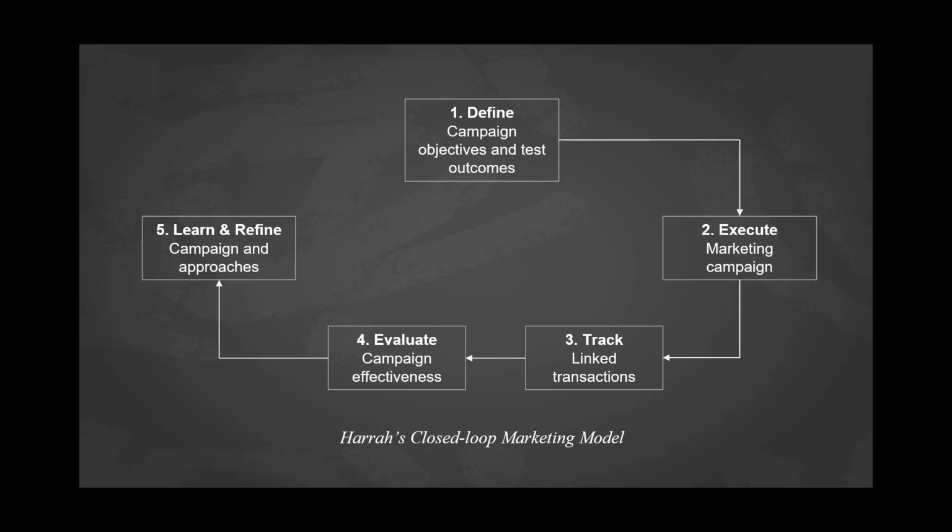Over the years, Harrah's has run literally thousands of these tests. Although all 5 steps are critical, it is the fact that Harrah's is continually analyzing and adjusting its strategies to produce optimal results that sets it apart from its competitors.